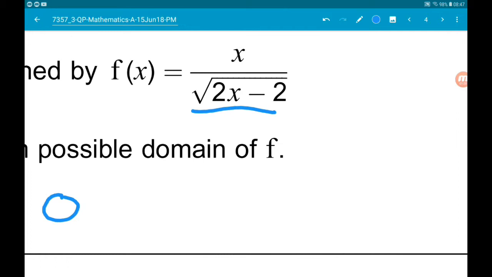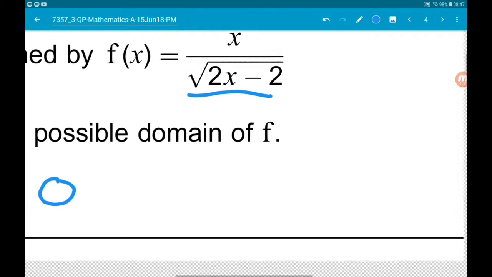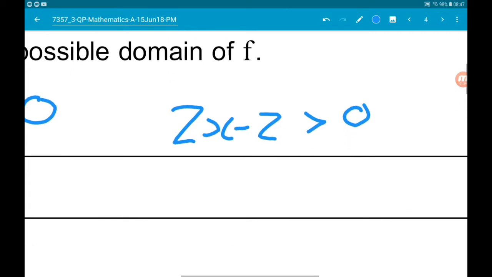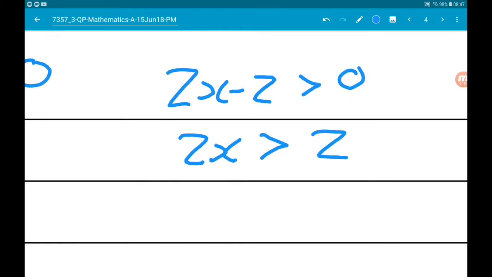So it has to be greater than minus 1, but we actually now know it needs to be greater than 0. So 2x minus 2 has to be greater than 0. So 2x has to be greater than 2. So x has to be greater than 1.